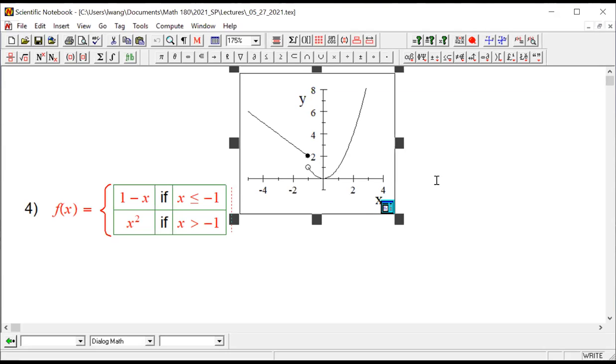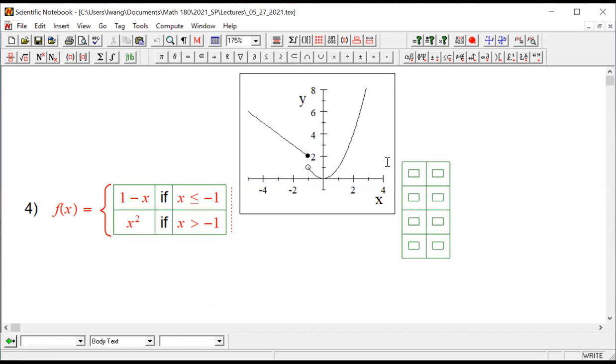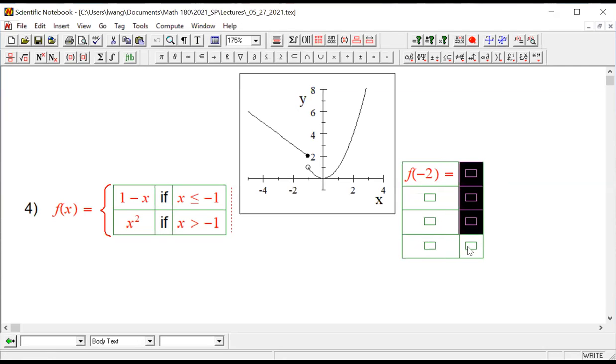Got it? So now, if I give you some other questions, I'm going to ask you to just evaluate. So I'm asking you to evaluate f of -2, f of -1, f of 0, and so on. I just choose some random numbers.